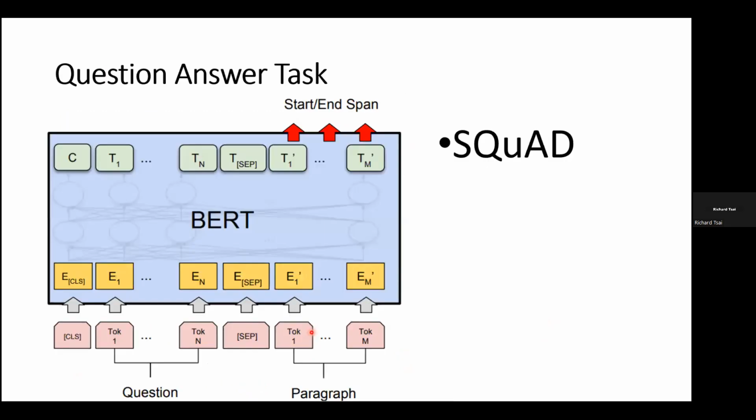So the third configuration is particularly suitable for machine reading comprehension tasks. In this setup, the question and the paragraph, which may contain the answer, are concatenated into a single string and fed into BERT.